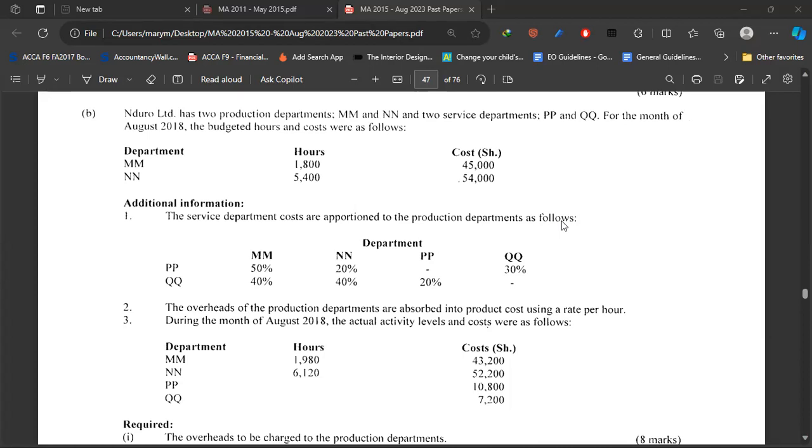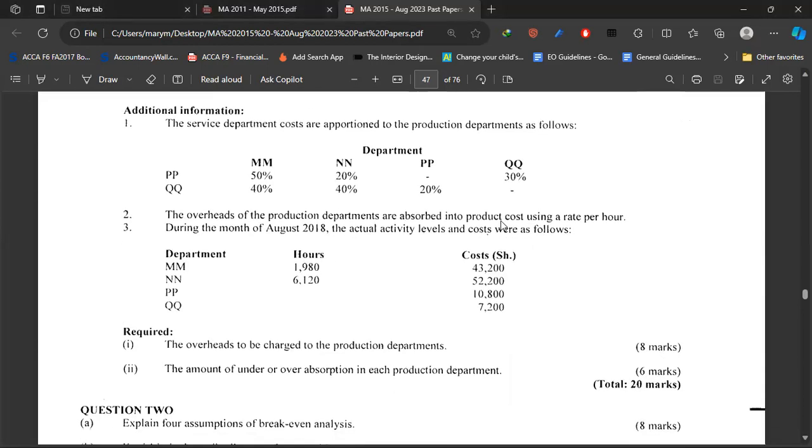The overheads of the production departments are absorbed into product cost using a rate per hour. 3. During the month of August 2018, the actual activity levels and costs were as follows. Required. 1. The overheads to be charged to the production departments. 2. The amount of under or over absorption in each production department.